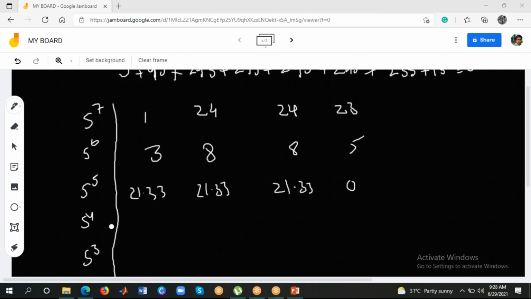What is the first term in S power 4? 8 into 21.33 minus 3 into 21.33 divided by 21.33. So its value is 5.